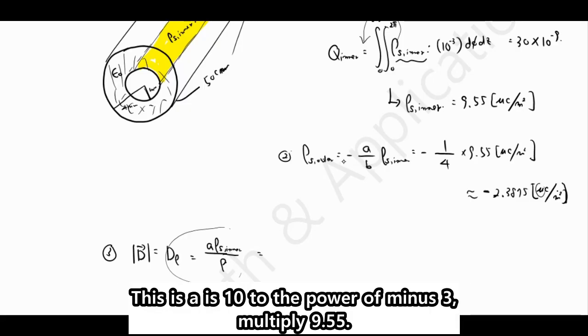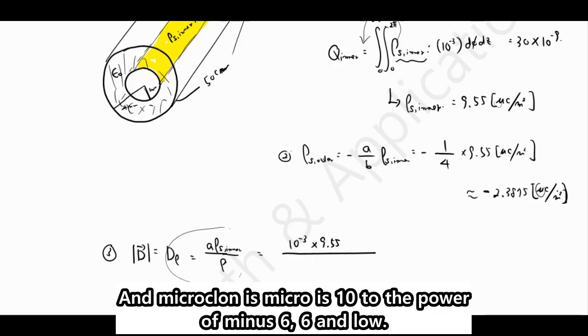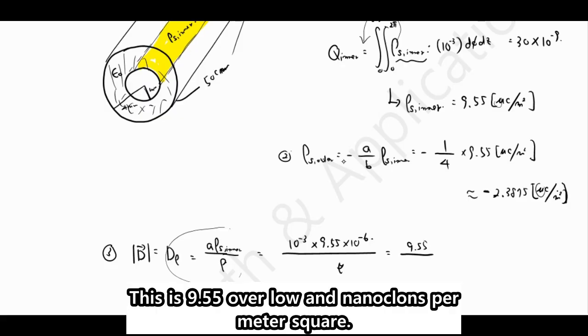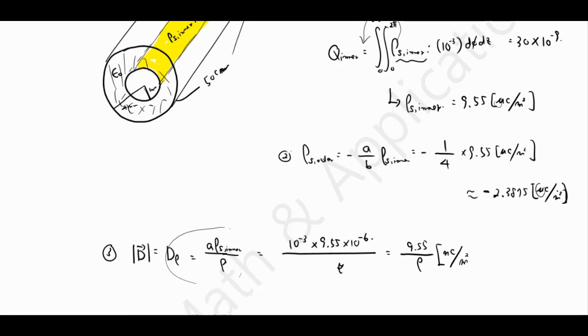A is 10 to the power minus 3, multiplied by 9.55, and micro is 10 to the power of minus 6, over rho. This is 9.55 over rho nanocoulomb per meter square.